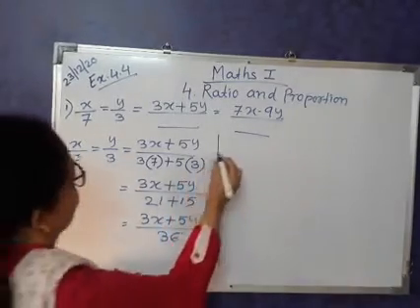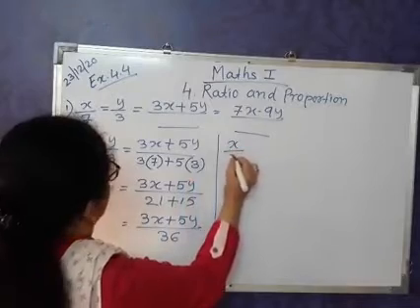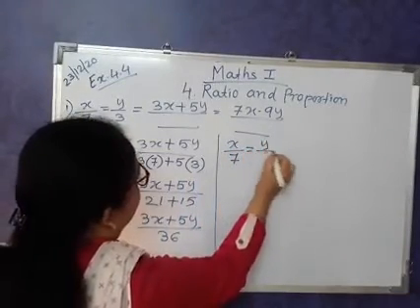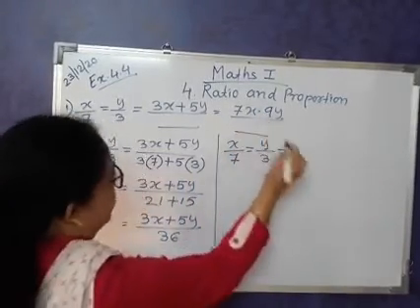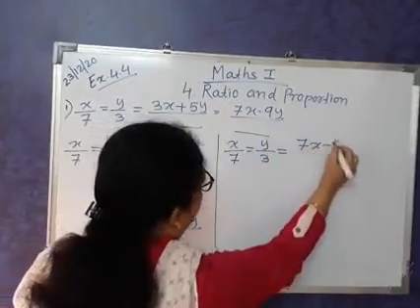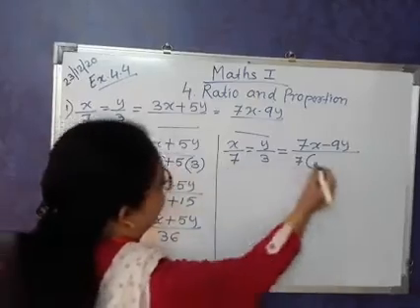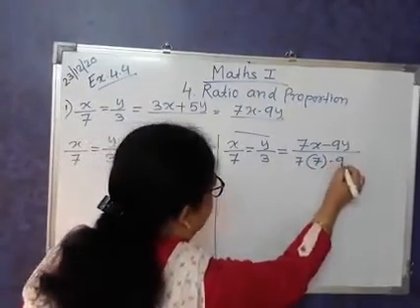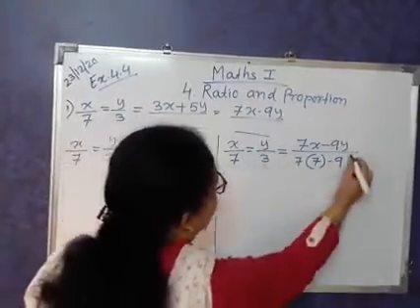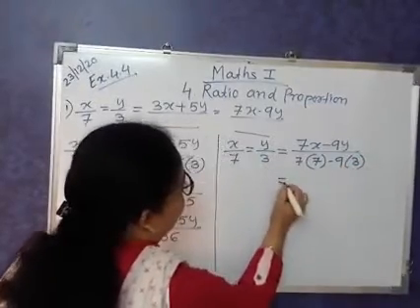Now the second one. What is the second one? Same way. First ratio, that is x upon 7 is equal to y upon 3, is equal to the second part of the question, upon 2. 7 we are multiplying with the 7, minus 9, y's denominator is 3, so multiplying here with the 3.